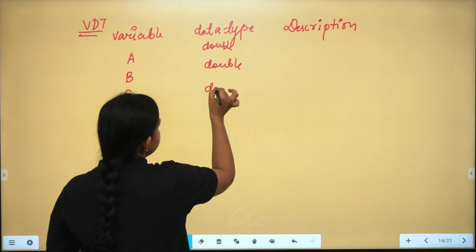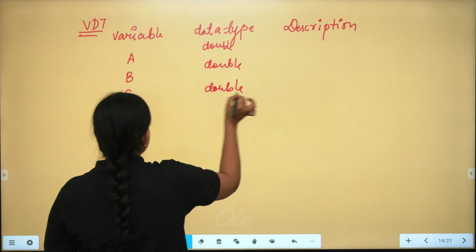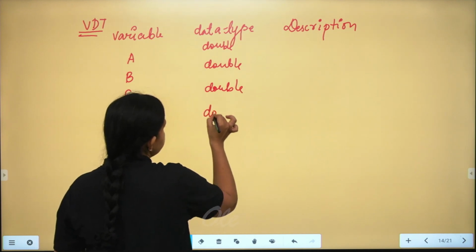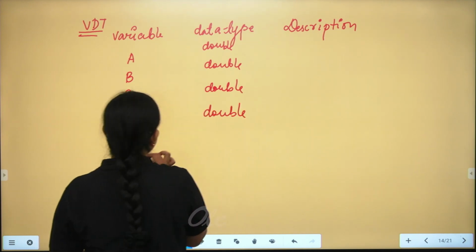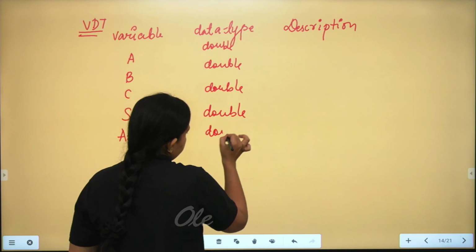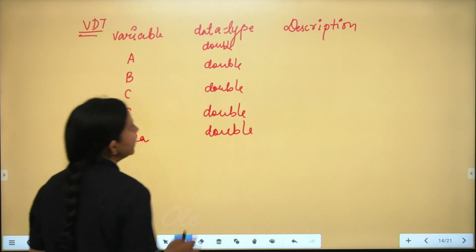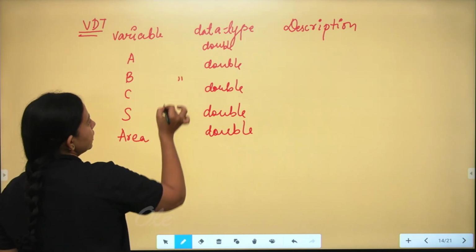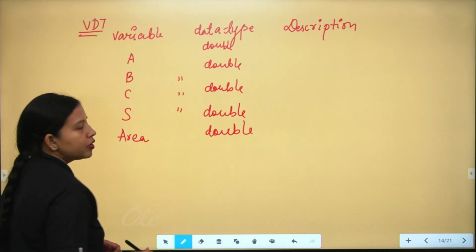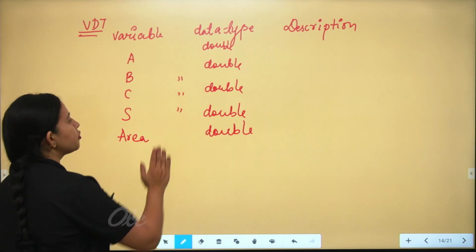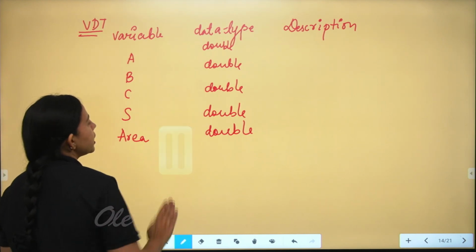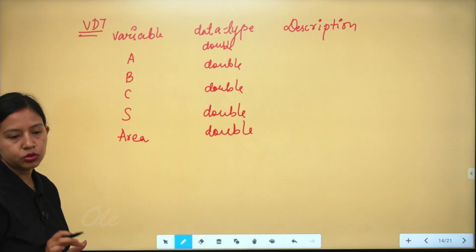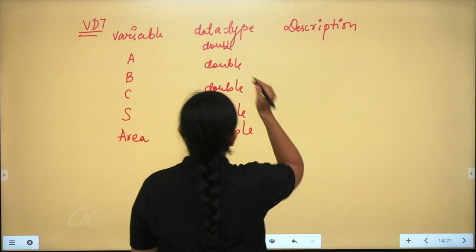In S also we have used double data type. All the data types are double. Always remember, although you are writing the same thing time and again, don't write like you are just putting this code over there. Whenever the examiner finds this kind of carelessness in your program, it simply deducts your marks. So don't be lazy about writing down that code.